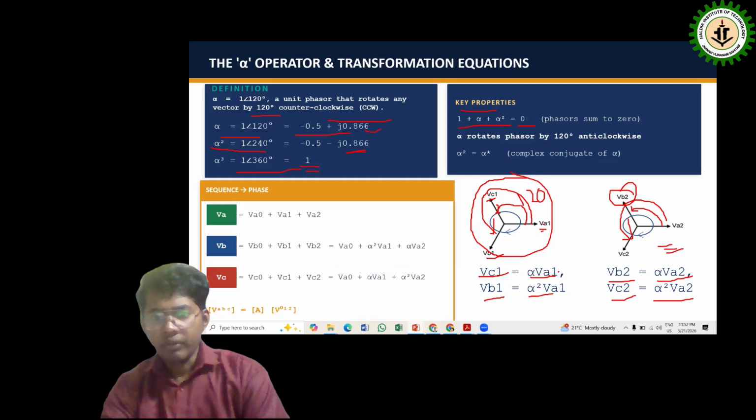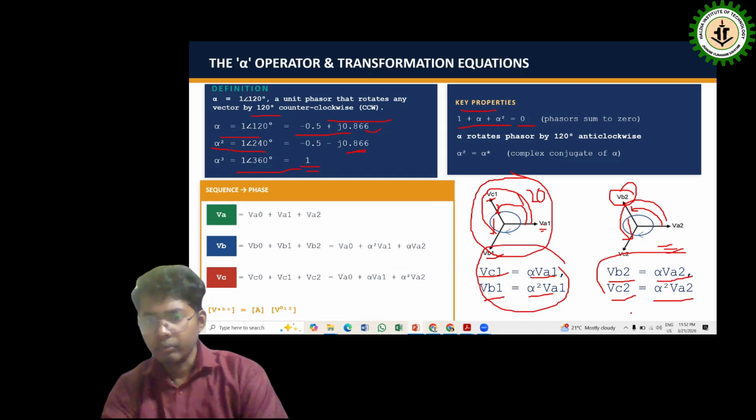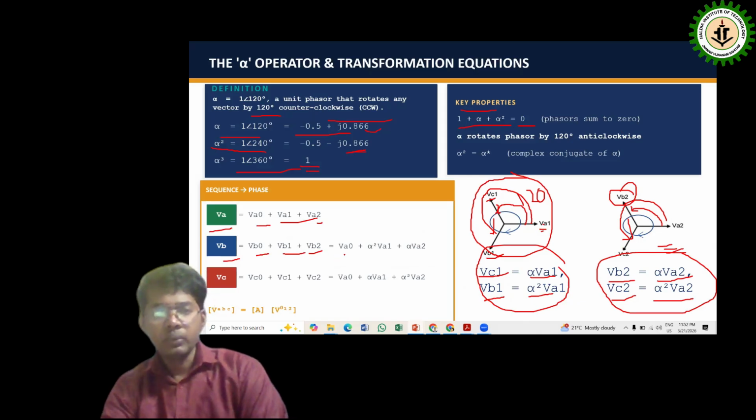From the positive sequence and negative sequence relations, we know that VA equals VA0 plus VA1 plus VA2, and VB equals VB0 plus VB1 plus VB2. This VB0 equals VA0, because VA0, VB0, VC0 are all zero sequence and all magnitudes are the same.